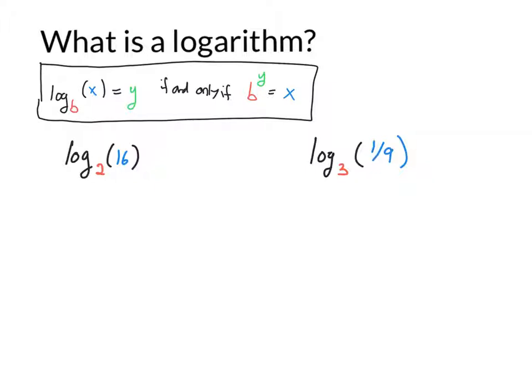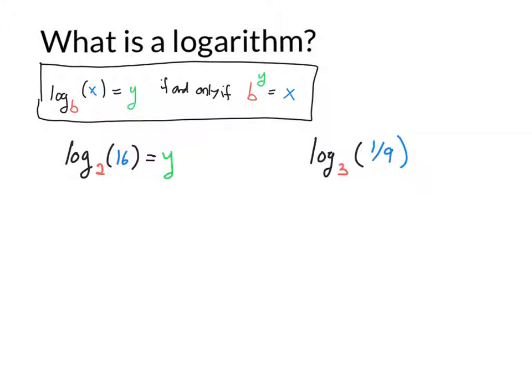So if I look at this first question, log base 2 of 16, what I would like to know is what is that number? This is asking me a question. This is saying 2 to some power is equal to 16. Let's set this up and say this is equal to some number, I'll call it y.